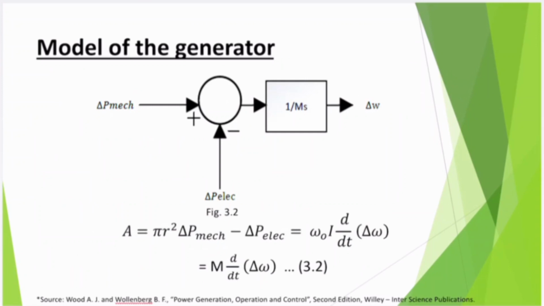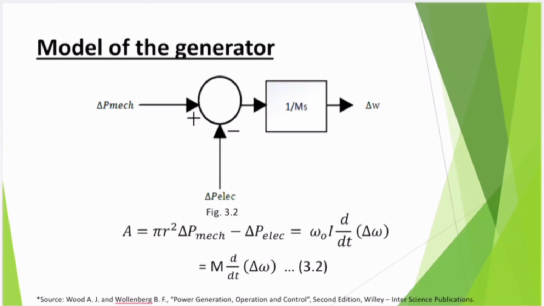Now, if I have to model a generator, because a generator is a physical device, that generator needs to be modeled mathematically. So what happens in a generator? We give mechanical energy, and there is a negative feedback signal coming from the change in electrical signal.